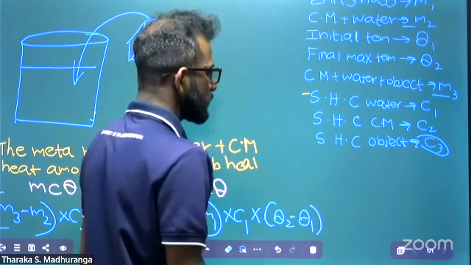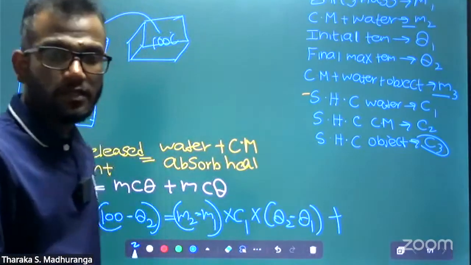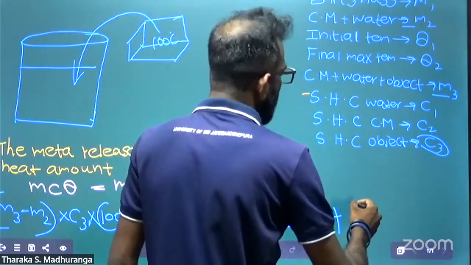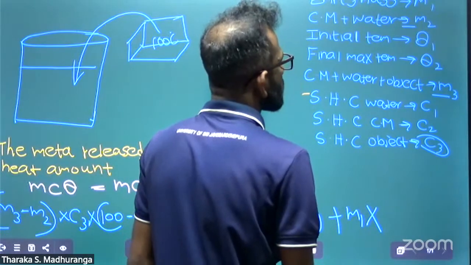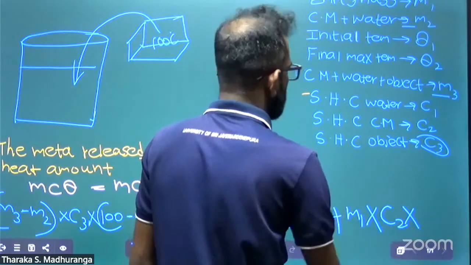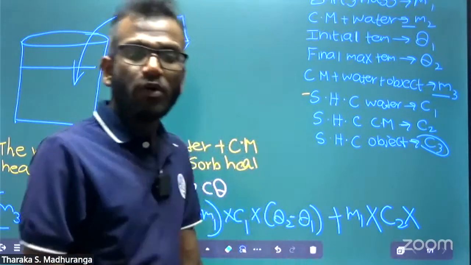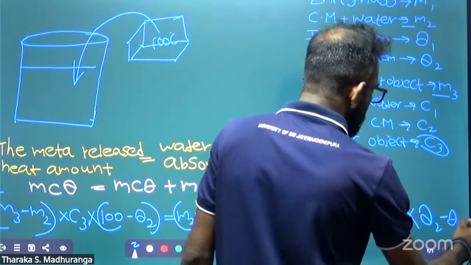Then plus the calorimeter absorbed heat, mc theta. The calorimeter mass, M1, specific heat capacity of calorimeter, C2, temperature difference of calorimeter, which is the same as the water temperature difference, theta 2 minus theta 1.